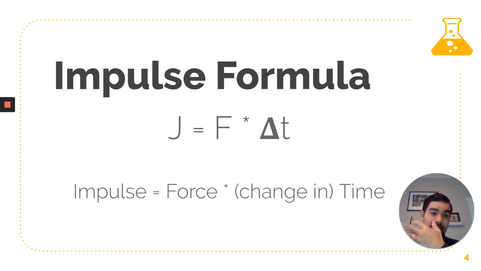Let's say hypothetically that the force you're swinging your bat with is 100 newtons, and it happens in 0.1 seconds. It would actually probably be more like 0.01 seconds, because it's like a snapshot. It happens very quickly, and you're going to get a very large impulse.